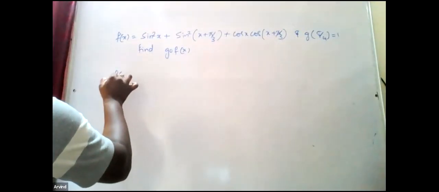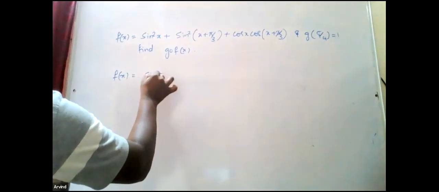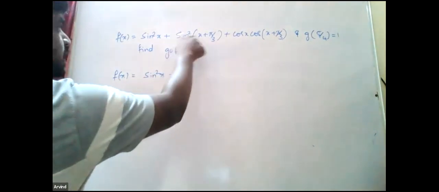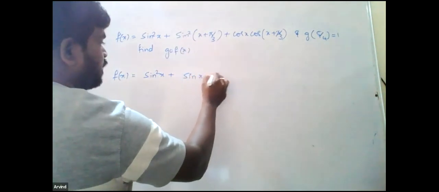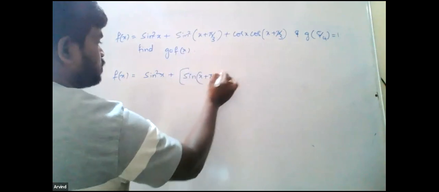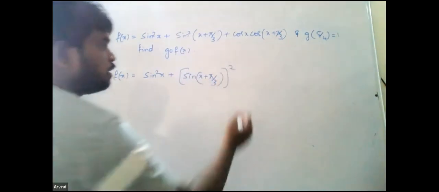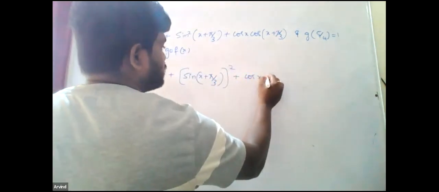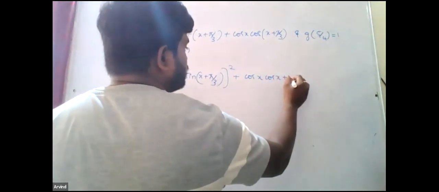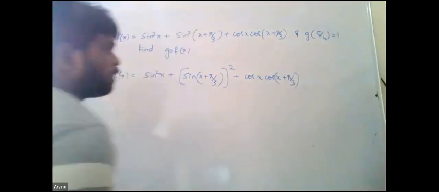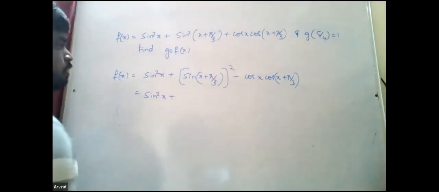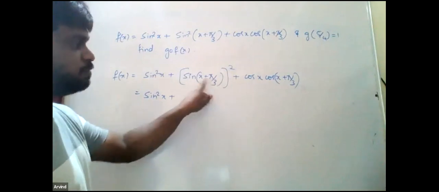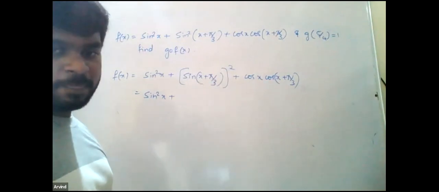Just observe. Let's simplify f of x a little using the known formulas. This sin square of (x plus pi by 3), I can write as sin of (x plus pi by 3) the whole square, plus cos x into cos of (x plus pi by 3). Now sin square x is there. This is in the formula of sin of a plus b. What is sin of a plus b?